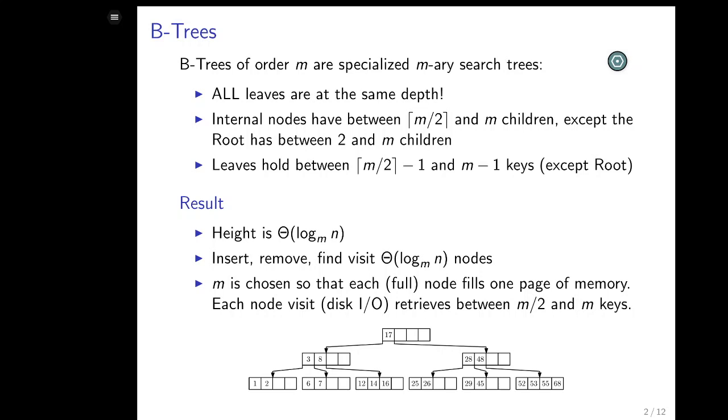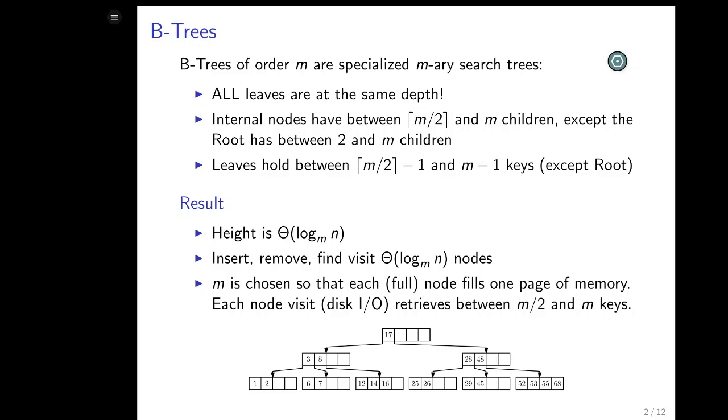All the leaves are at the same depth. And internal nodes have between m over 2 and m children, except for the root. The root is special. It has between 2 and m children. And then the leaves hold between m over 2 and m keys in them.